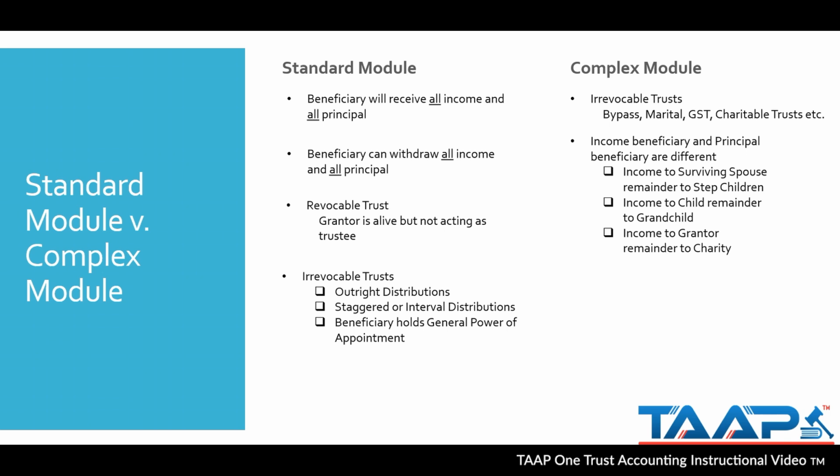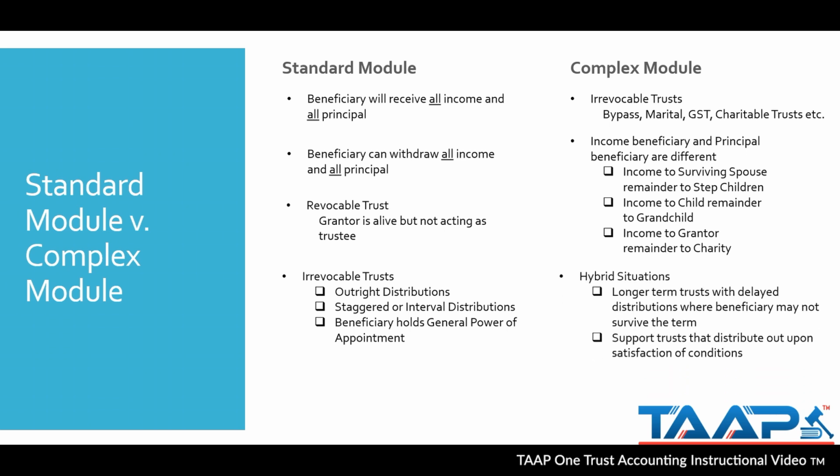They're not the same. For instance, income to the surviving spouse, remainder to stepchildren, and so forth. Income to the child, remainder to the grandchild, perhaps that's a GST trust. Income to the grantor, remainder to the charity, and that's going to be our charitable trusts.